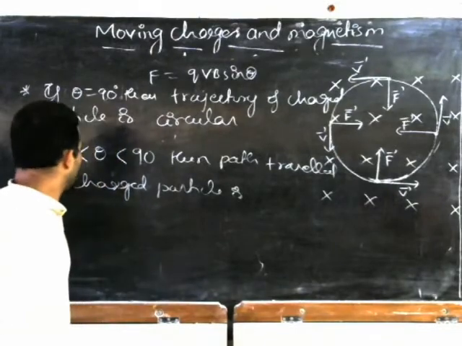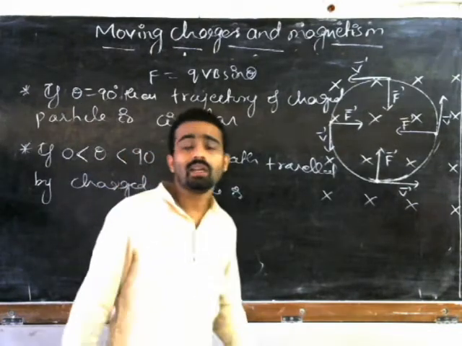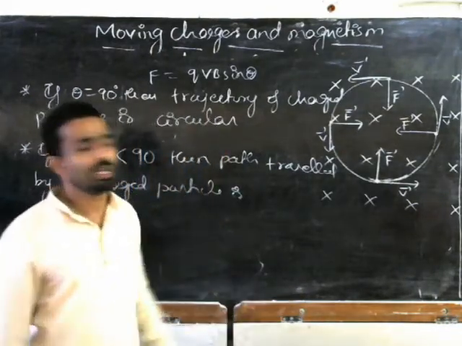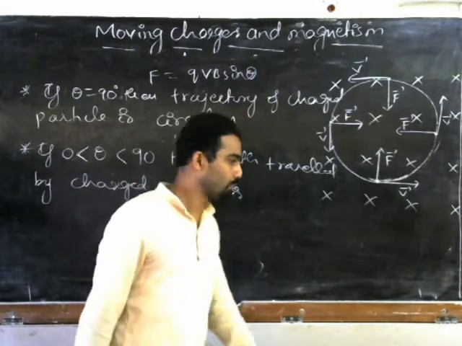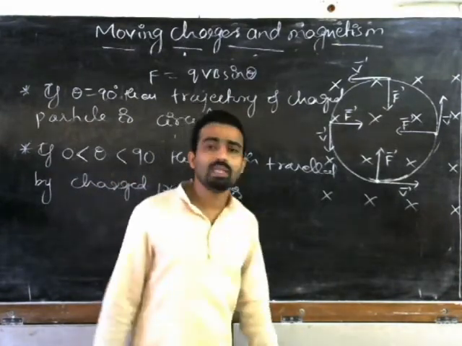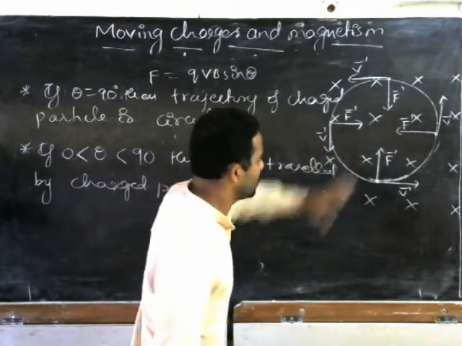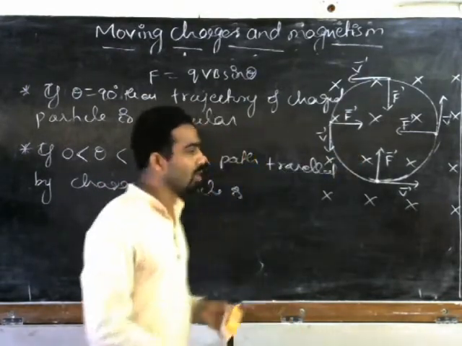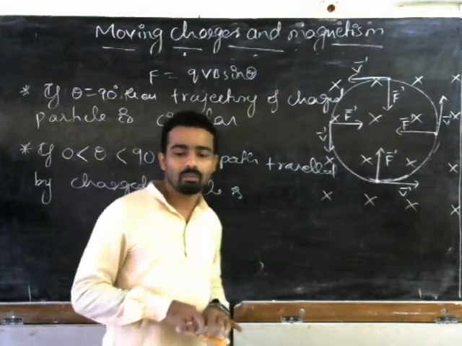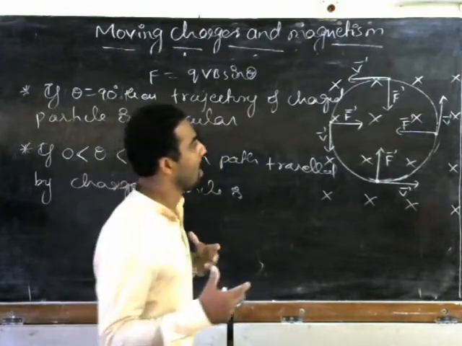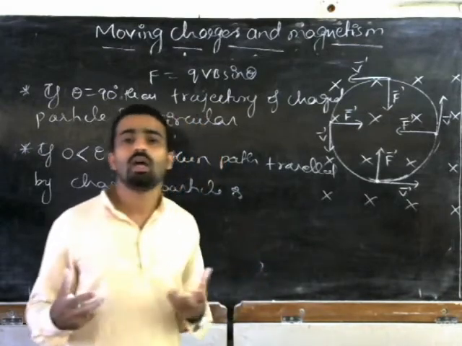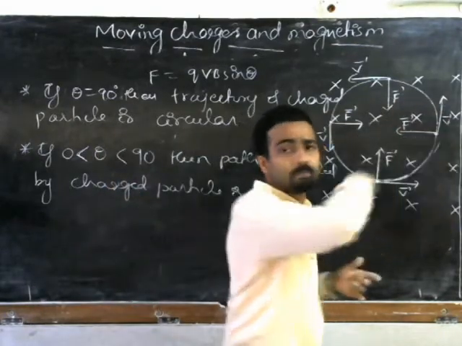So if the angle is neither 90 degrees nor 0, what will be the path traveled by that charged particle? Again, let us take the same case here. Imagine that I have drawn some lines from here.